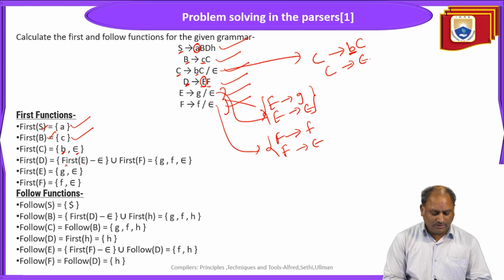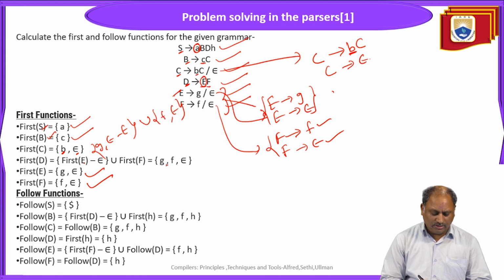So what is first of E? We have not calculated it; we can calculate it here. It is small g comma epsilon. Whereas first of F is small f, epsilon. So now we have to include this. First of E is g comma epsilon, minus epsilon, union first of F. What is F? f comma epsilon.